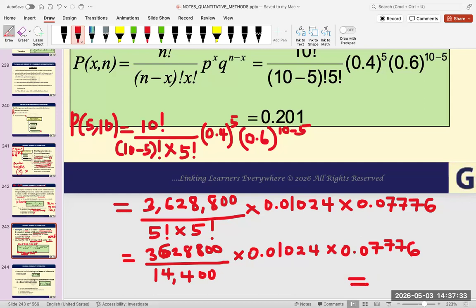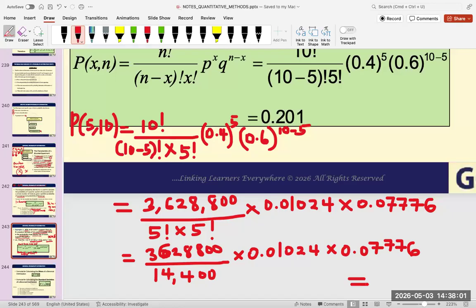So at this point, I'm sure a lot of you can do this computation. 0.0124 times 0.0776.